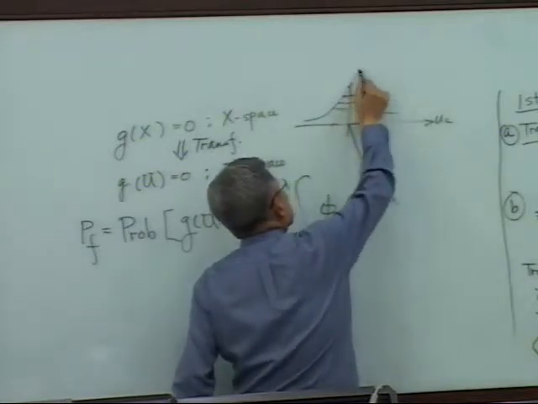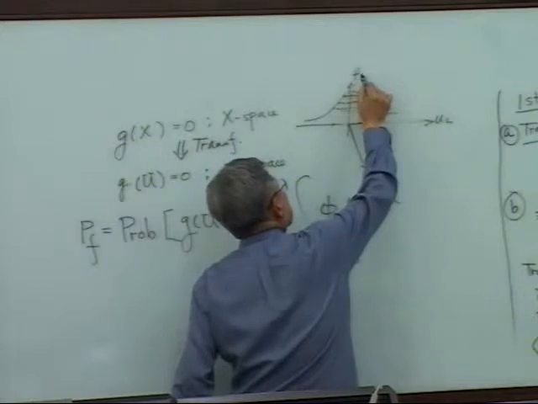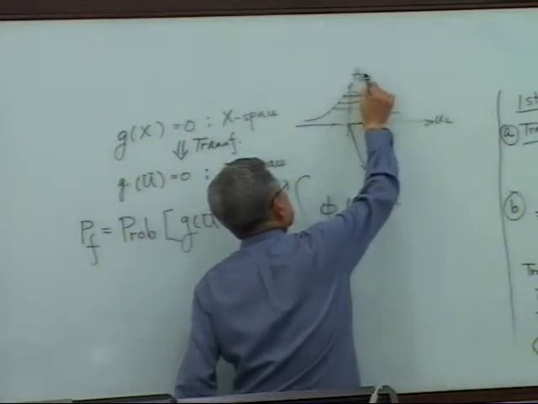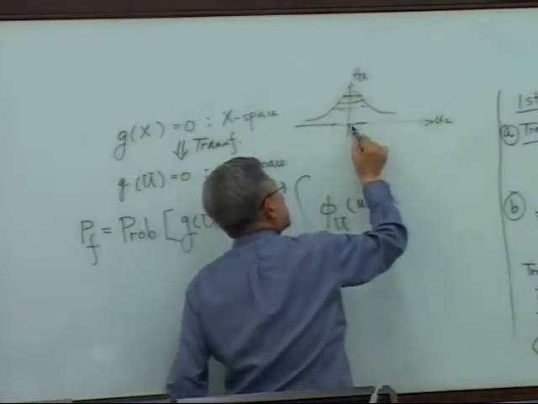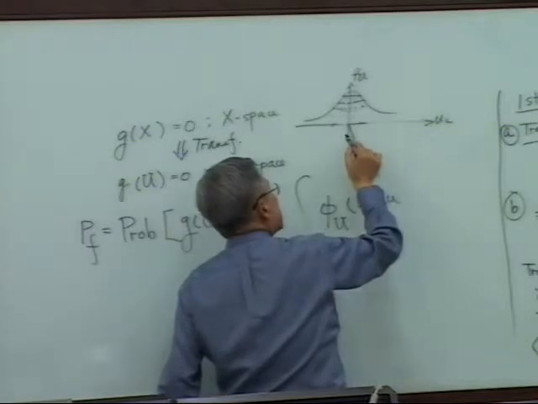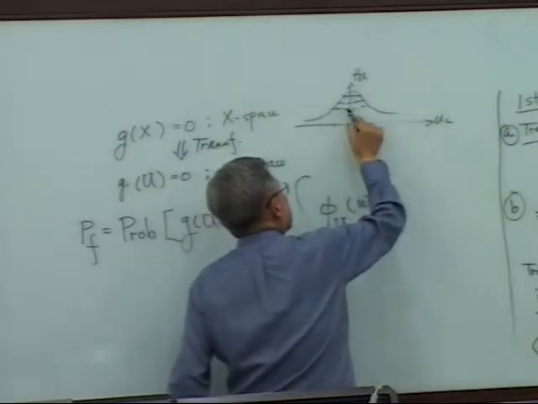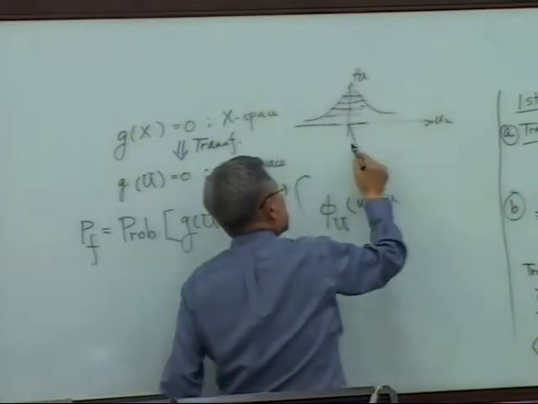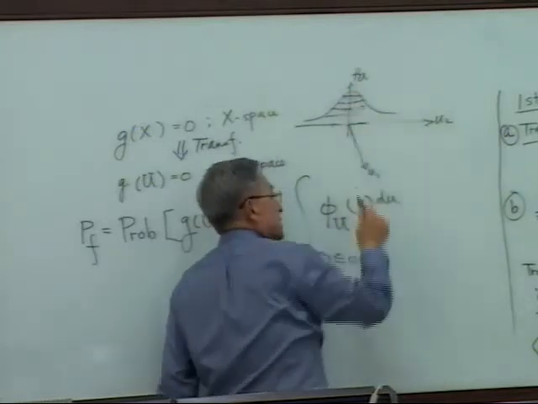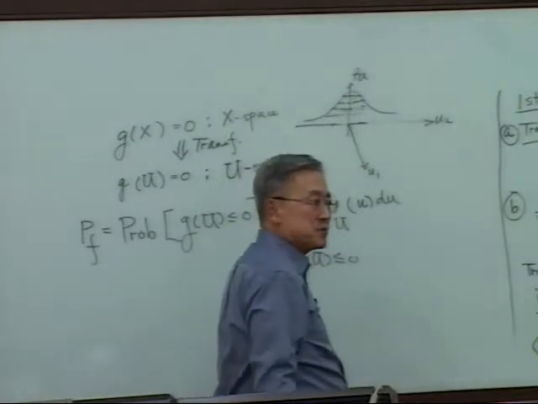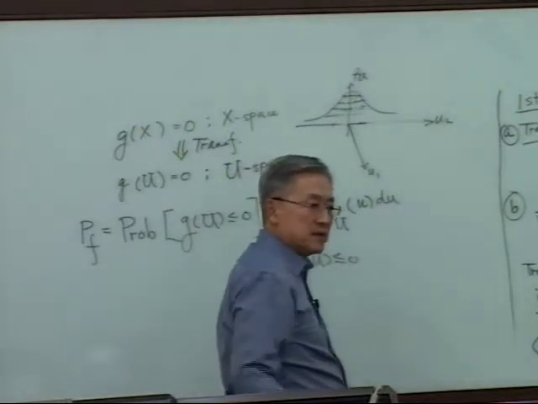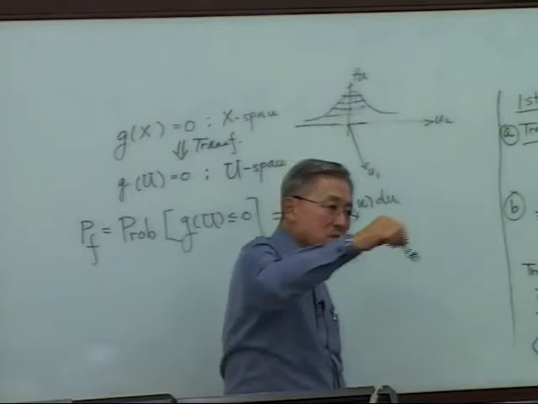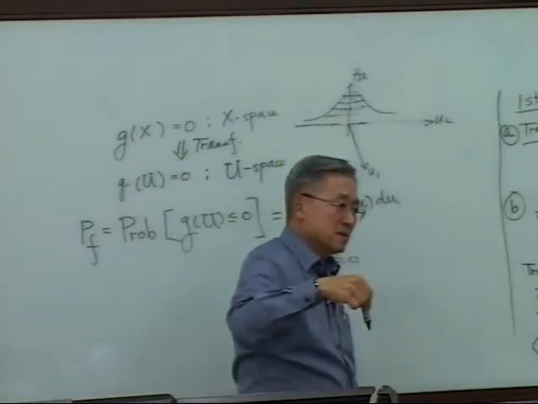This is Fu because mean is equal to 0 and sigma x is equal to 1. When you throw the contour down the surface, what kind of contour shape do you anticipate? It's a circle, whole bunch of circles, right?